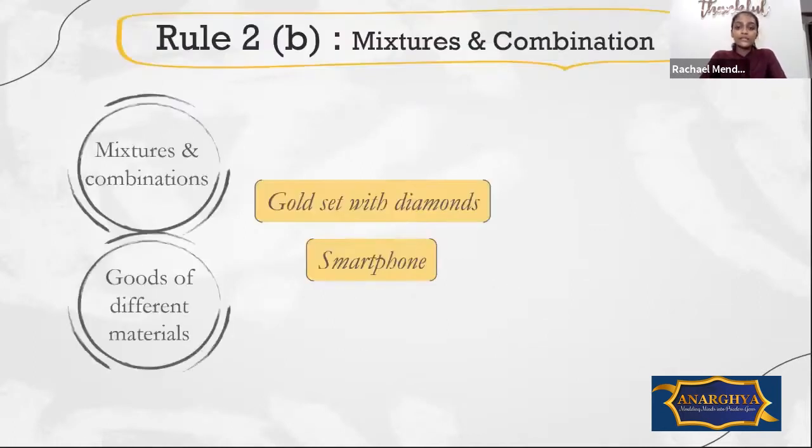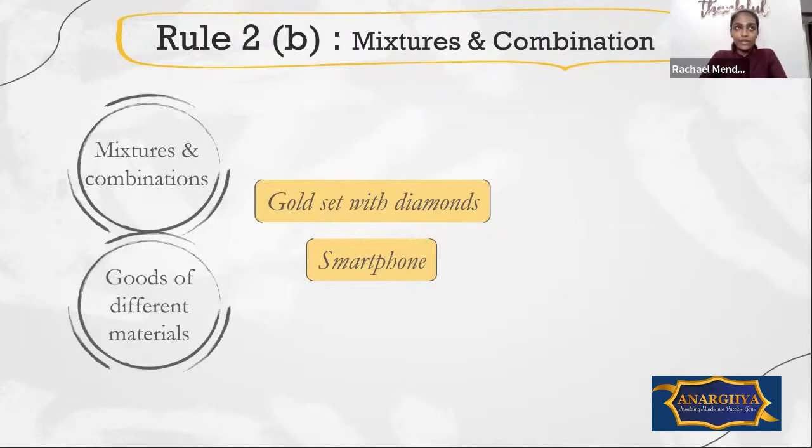Rule 2B is concerned with mixtures and combinations. For mixtures and combinations, you can take an example of a gold jewelry set with diamonds. So the jewelry set has gold, it also has diamonds. So this product can be classified under two headings, the heading of gold as well as the heading of diamonds. Similarly, goods of different materials, let's take an example of a smartphone here.